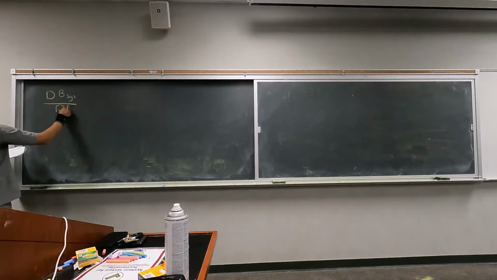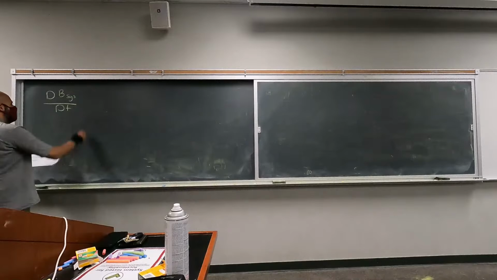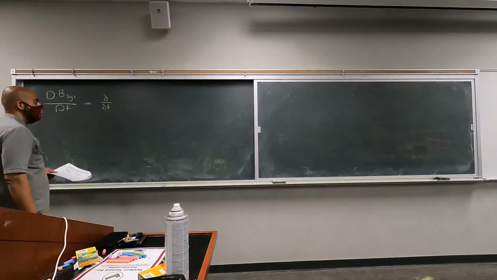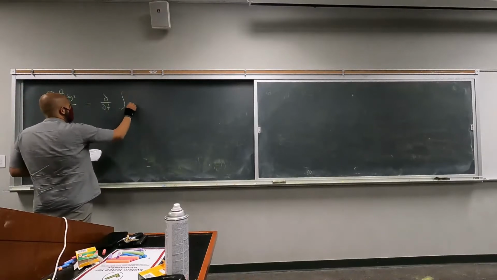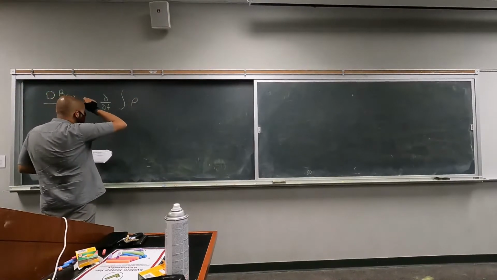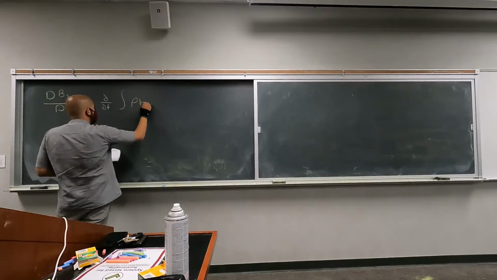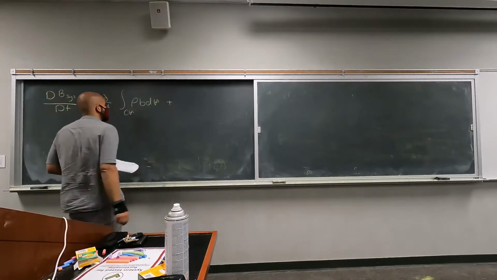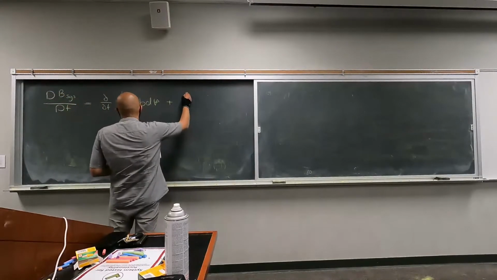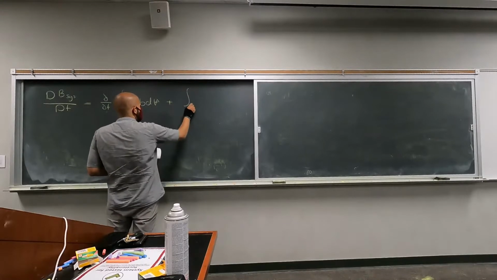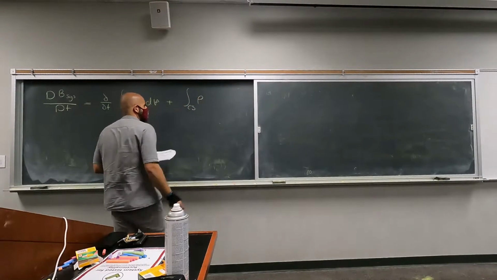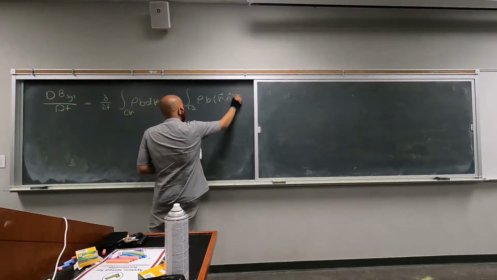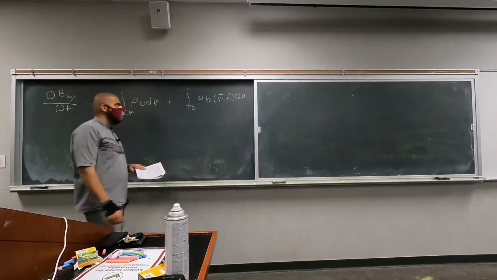The change of an extensive property in a system over time is equal to the rate of change of the intensive property over the control volume plus the net rate of inflow or outflow of that intensive property over the surfaces of that control volume, or the control surface.